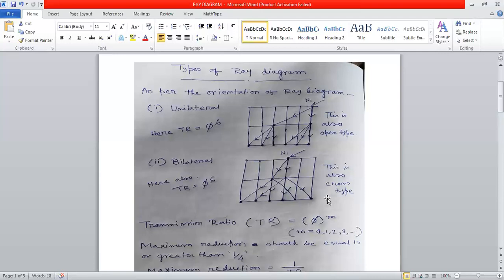So in different cases we have to choose which should be the feasible ray diagram and which is the economical. In every case we have to choose which is the economical and which is the feasible.